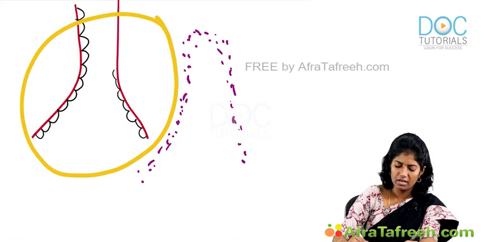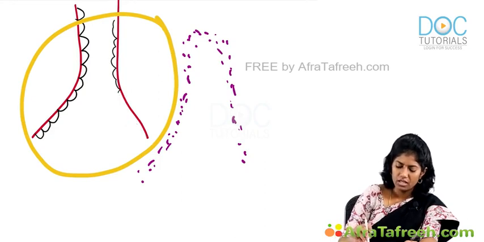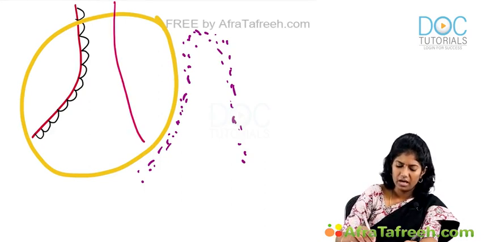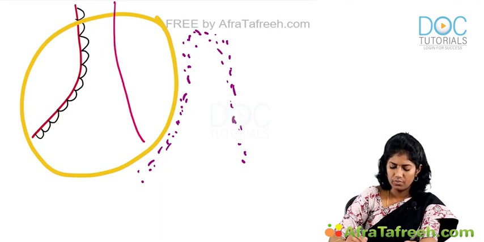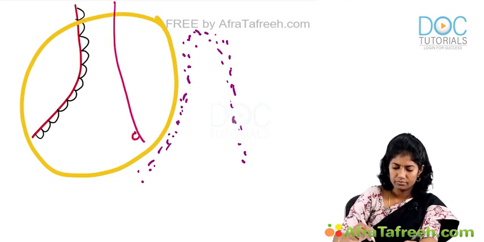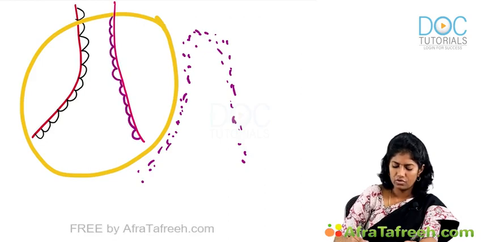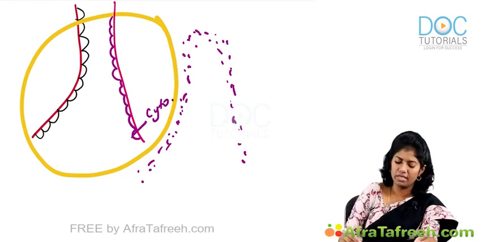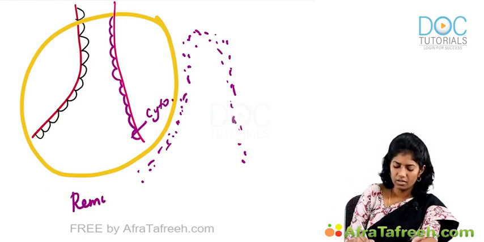So, supposing the spiral artery endothelium is like this, the trophoblast replaces the endothelium of the spiral artery with itself. So, the lining is now cytotrophoblast. This is what is called remodeling.